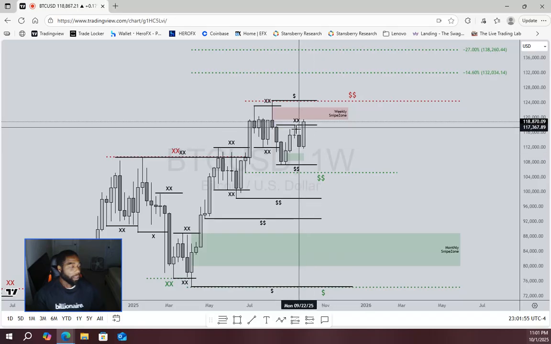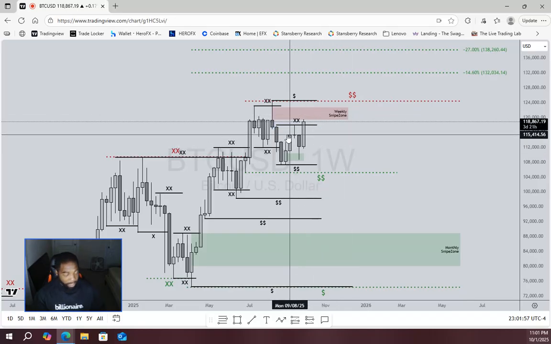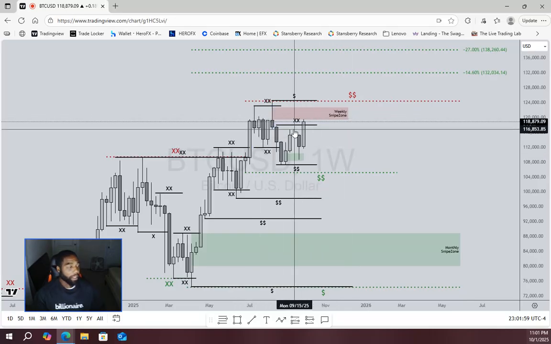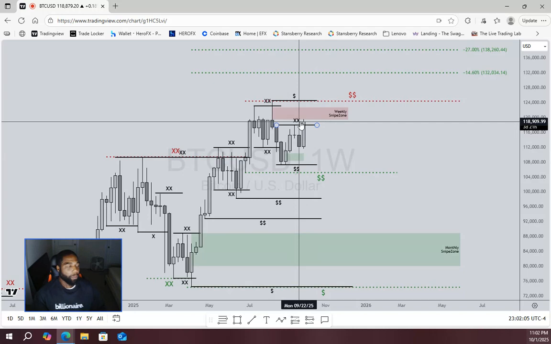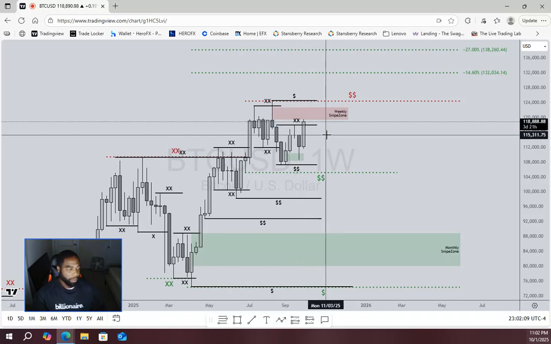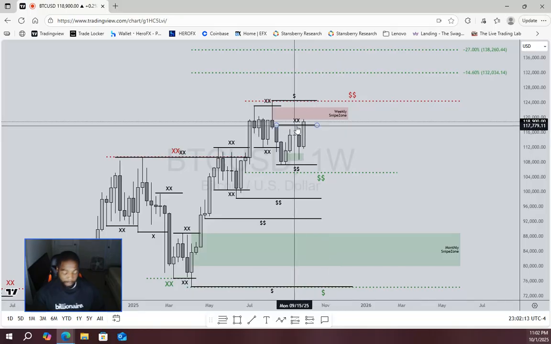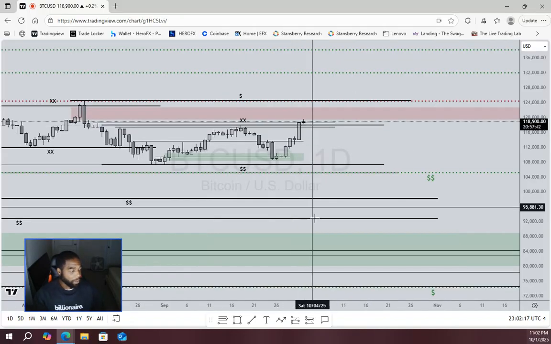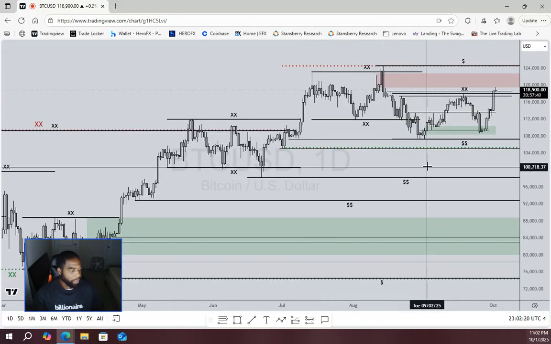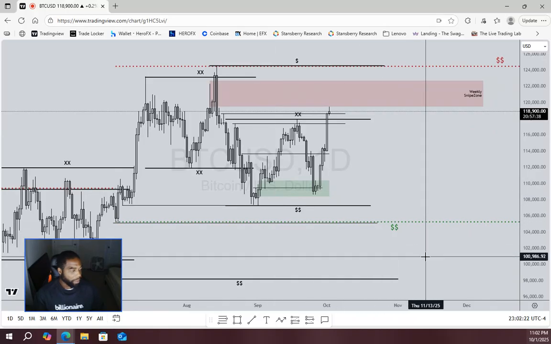So we can go down to the daily time frame to get a more and better microscopic view of what price is doing here on the weekly time frame inside of the monthly time frame, right? But we're about to scale down to the daily to see specifically what price is doing on the daily time frame at these levels.